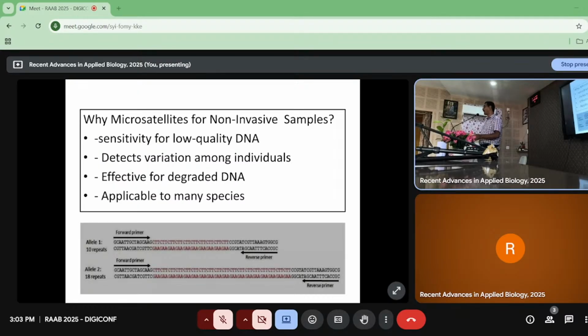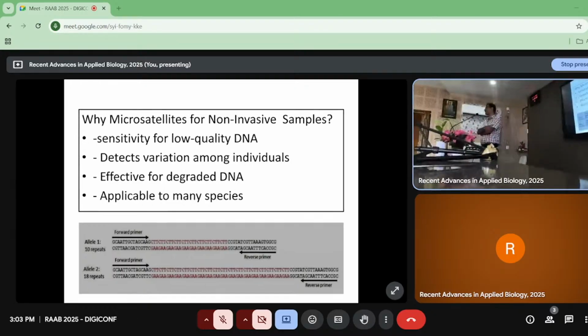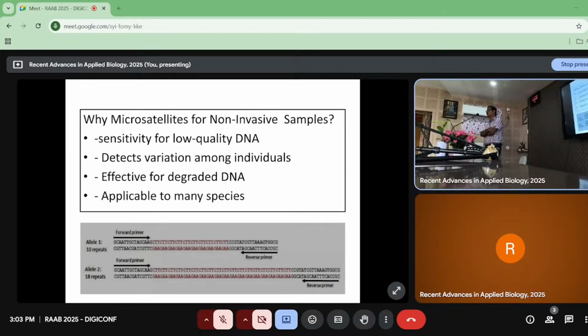Then why microsatellites for non-invasive samples? These are the causes. Sensitivity for low quality DNA. The DNA we obtain from fecal samples, suppose, is low quality DNA. So we can't sequence a larger portion of DNA, that is, nuclear sequence.